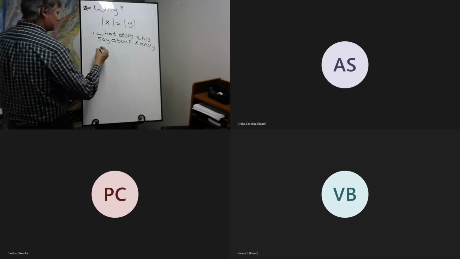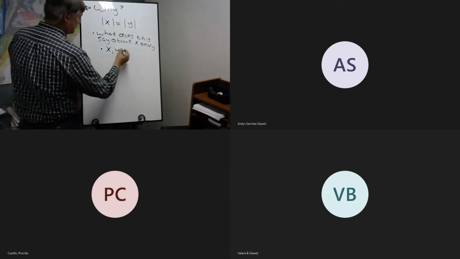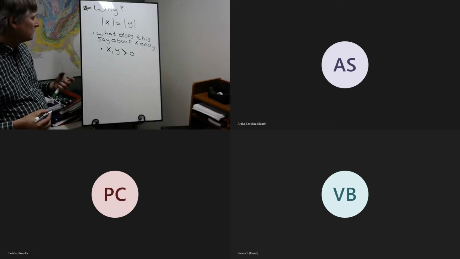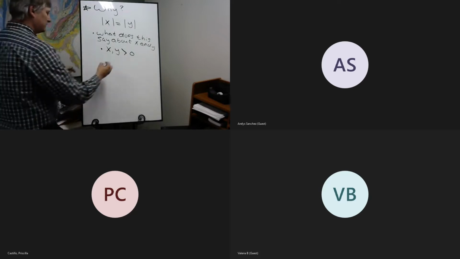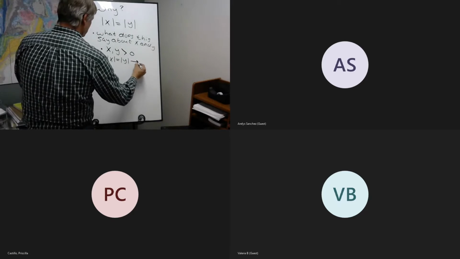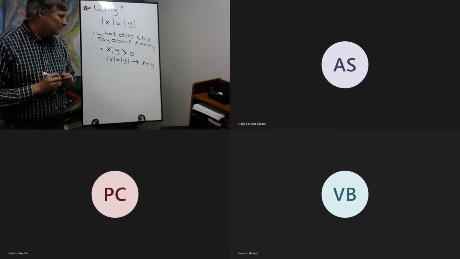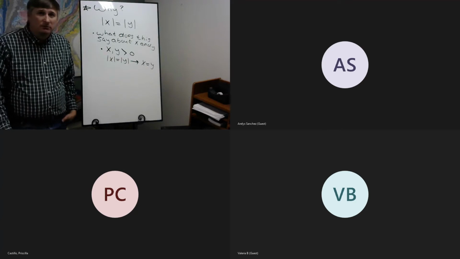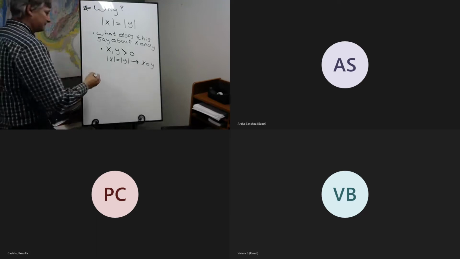Well, first off, x and y could both be greater than 0. Let's consider that possibility. They're bigger than 0. Well, if they're both positive numbers and the absolute values are equal, then this means x equals y. Two positive numbers, if you take their absolute values, they have to be equal. Now let's consider another possibility.